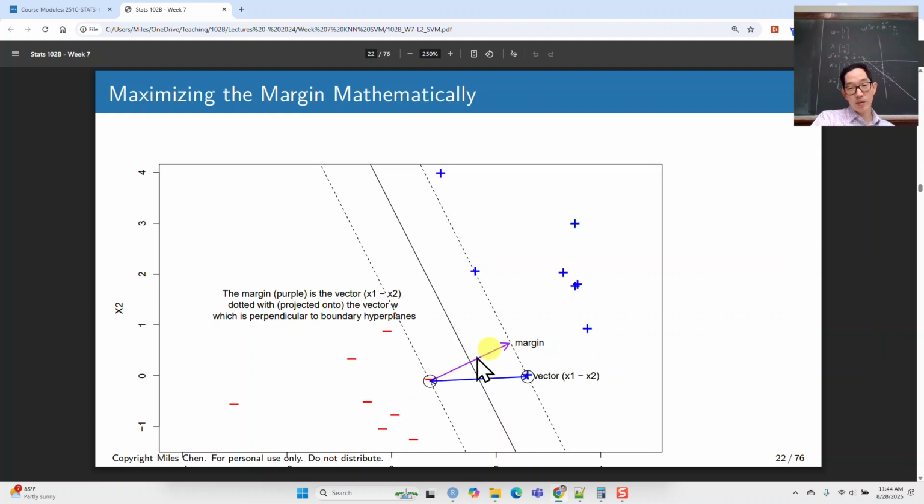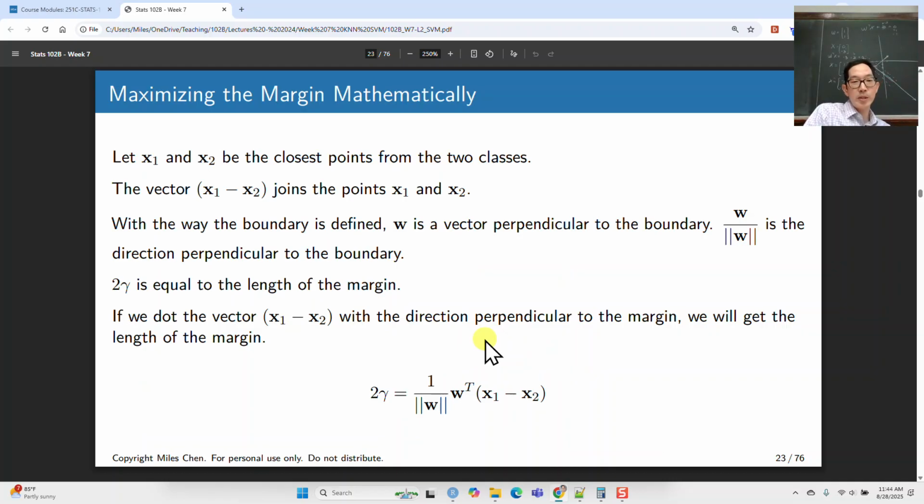This purple vector is the W. So if W is 1, 1, it's pointing in this direction, and it is perpendicular to this. So we can dot this vector or project it onto this vector to get the distance there. Or I could have picked this one, and if I dotted onto the same thing, we'd get the same thing.